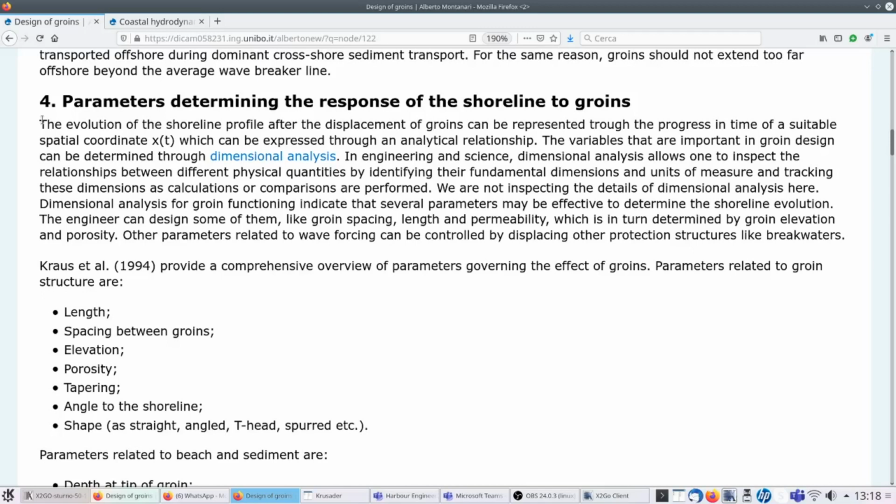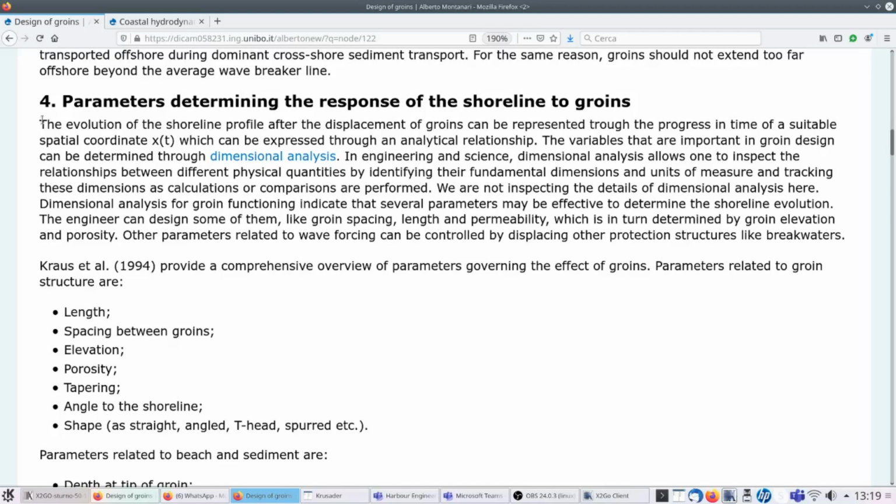If permeability is 0.5, and permeability can be defined as the side open area of the groin divided by the overall side area of the groin, so open divided by total area projected on a vertical plane. This is permeability.